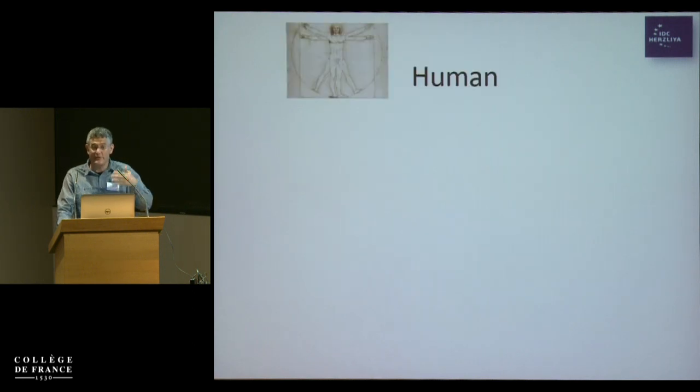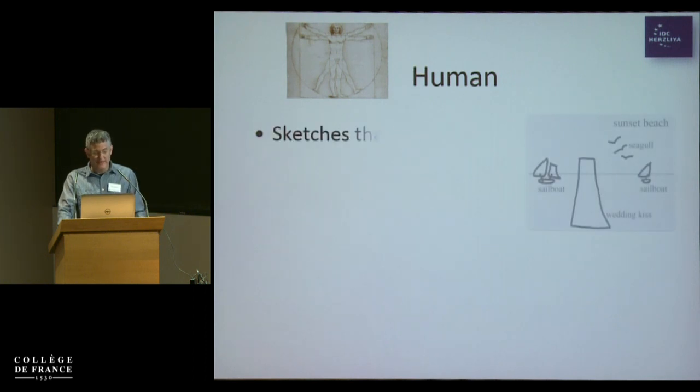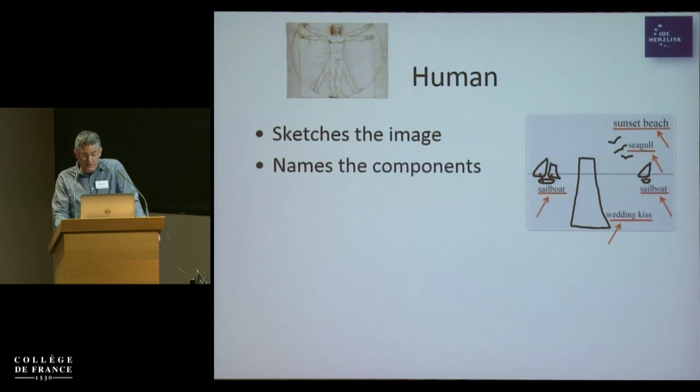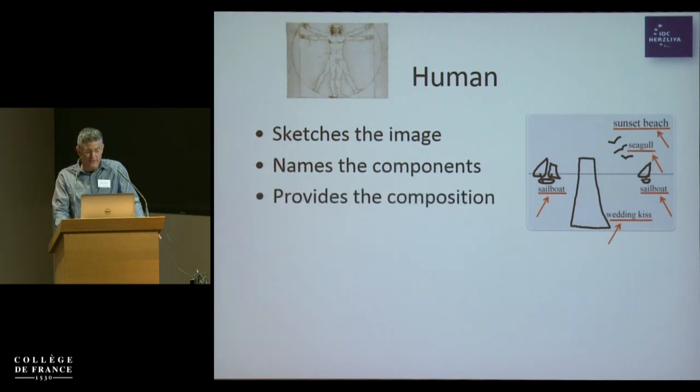So there's a collaboration going on here between the human and the computer. The human does the sketches, as I've told you, but he or she also puts the tags or the text for the images, so we know what to search for. He also does the composition, right? So the human actually positions the elements on the image, so there's no need for a composition to be going on by the computer.